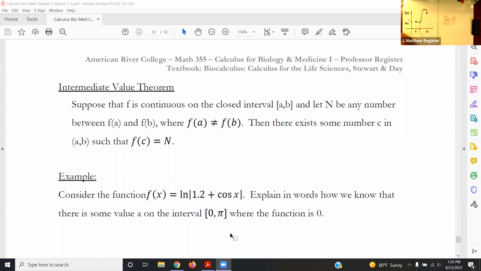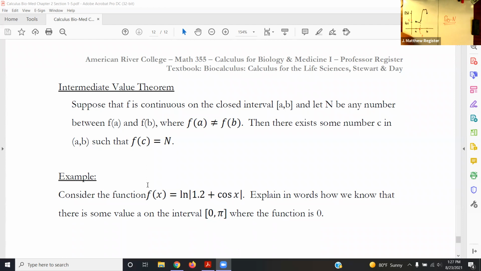If we check this, when we plug 0 into this function, we get the natural log of 1.2 plus 1, which is greater than 0. If we plug in pi, we'll get the natural log of 1.2 minus 1, which is less than 0.